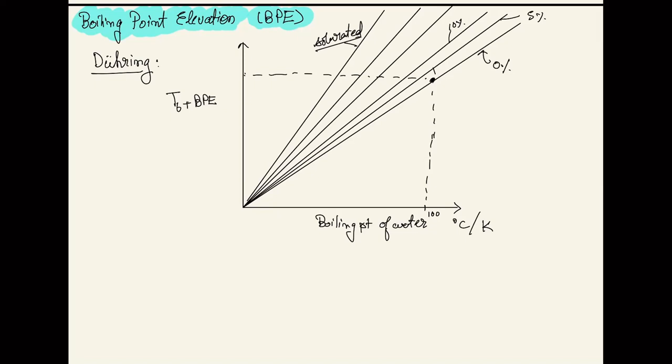So that top line refers to that. So the idea is, let's say for 0% it was 100 degrees Celsius. Maybe when I went to 10% of the salt, the temperature now became say 105 degrees Celsius, something like that.